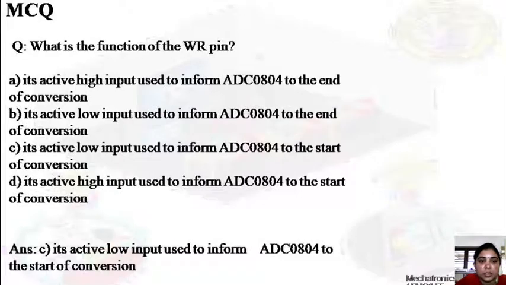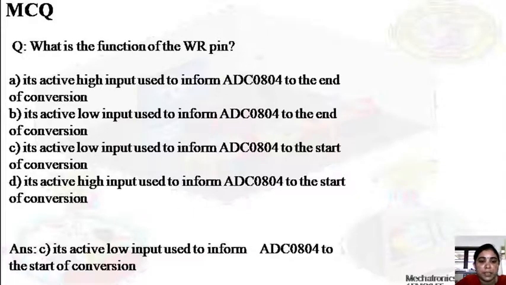The next question goes like this: what is the function of the write pin? The first option is it is an active high input used to inform ADC 0804 of the end of the conversion. Second option is it is an active low input used to inform ADC 0804 of the end of the conversion.